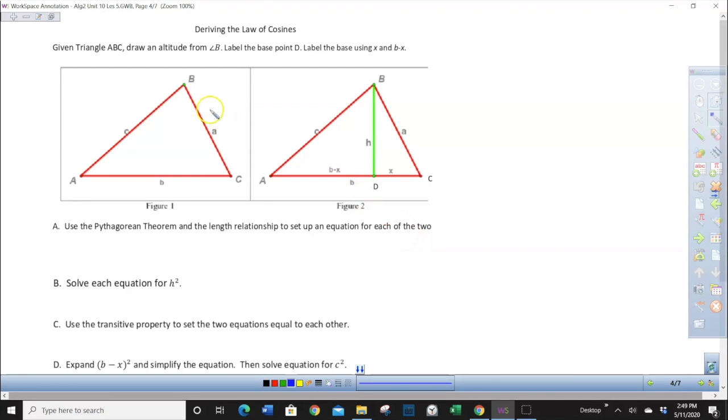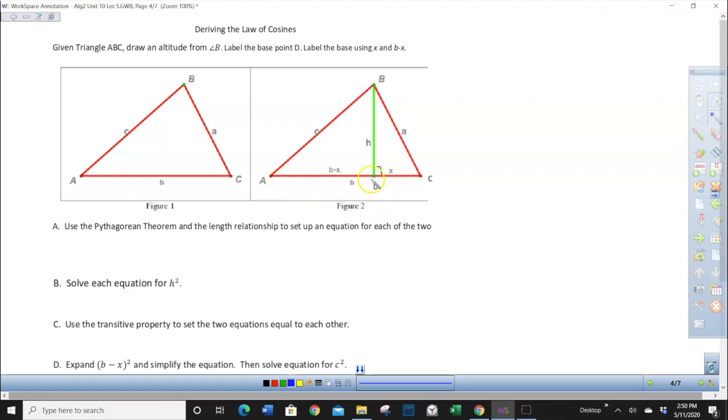All right, so we're given this triangle. And the first thing it asks us to do to triangle ABC is to draw an altitude from angle B to base point D. And remember, an altitude always forms a right angle with the base.